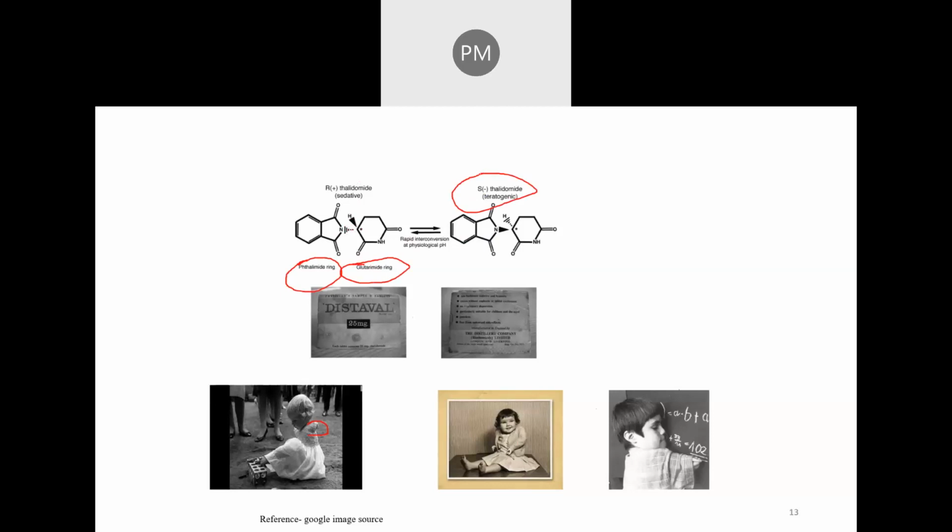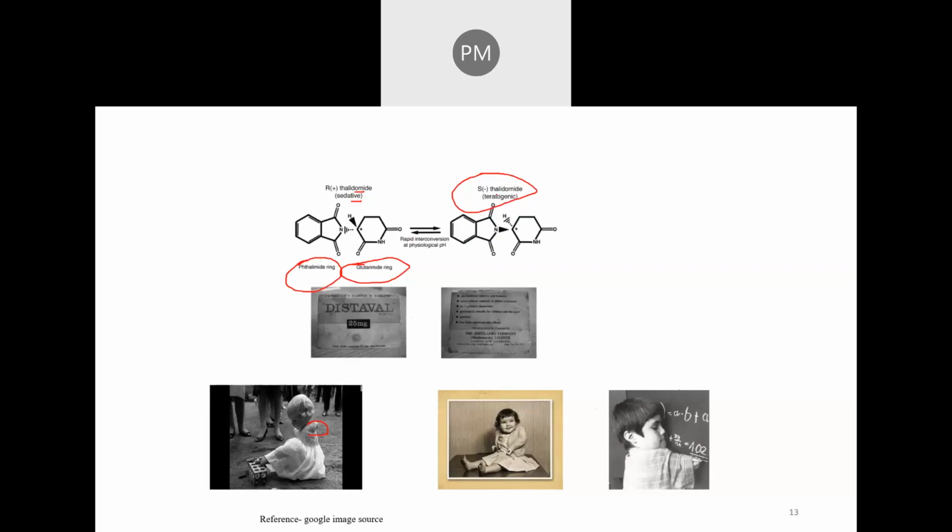And our body mainly contains amino acids, and amino acids are also chiral molecules. So chiral molecules function in our body. The R isomer of the drug is profitable for our health.